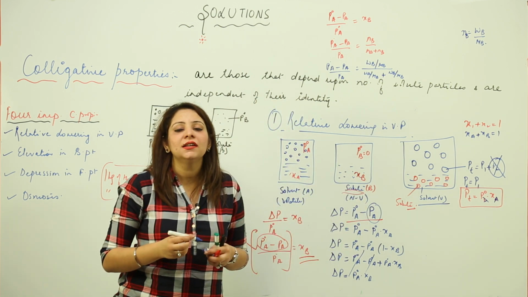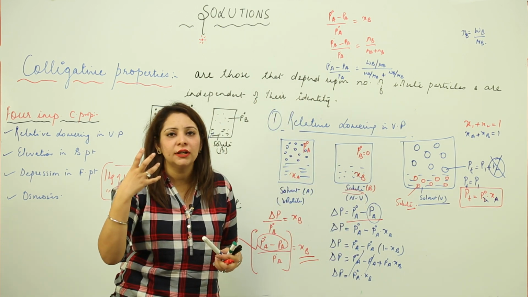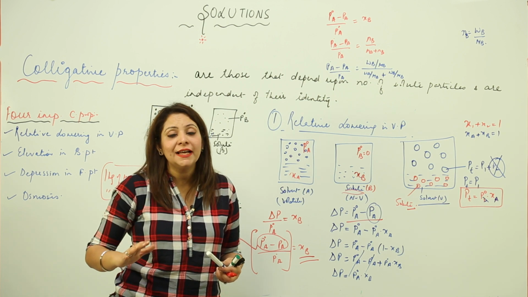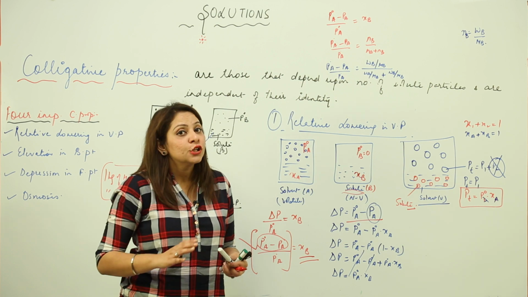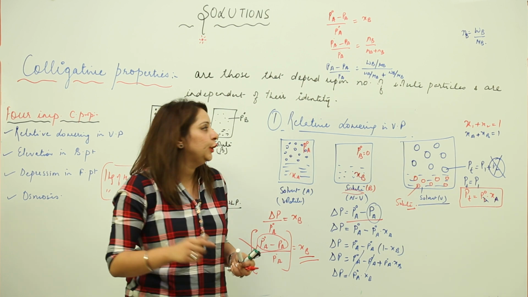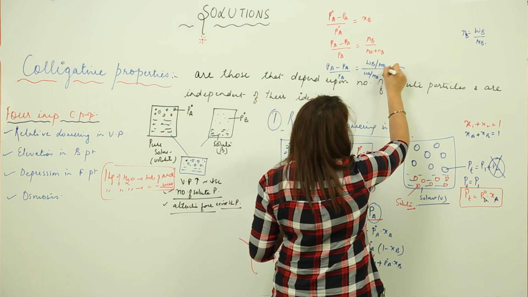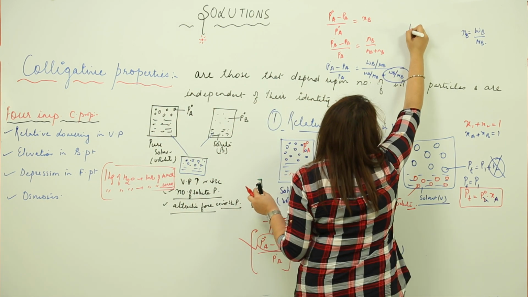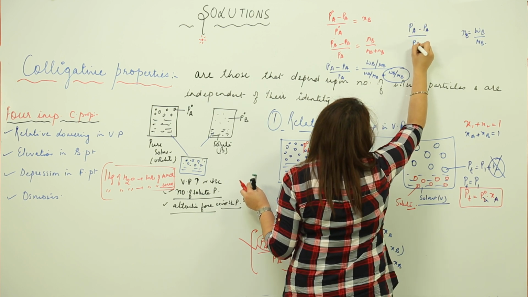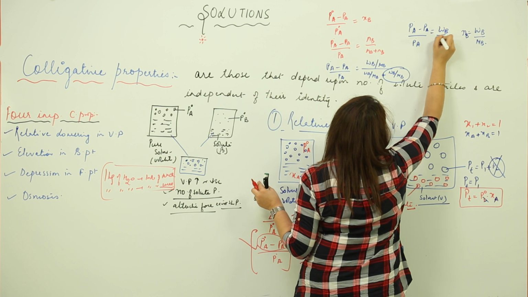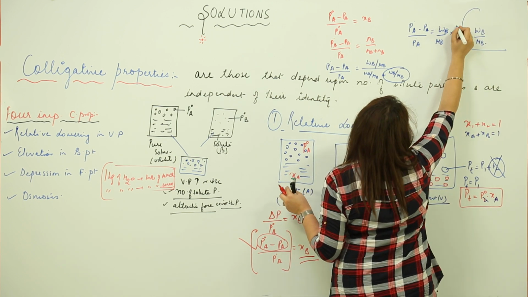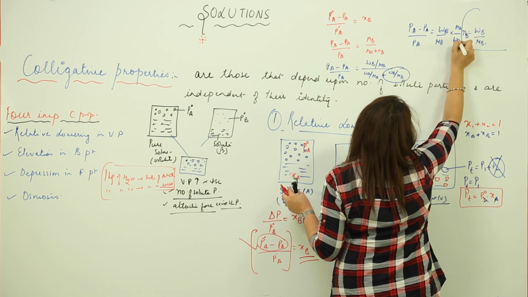The concentration of the solute in the vapor phase is very small, because it is almost non-volatile. So in the case of dilute solutions we can neglect the moles of the solute in the denominator. I am going to neglect this factor. By neglecting it, the relative lowering equals WB upon MB into MA upon WA.